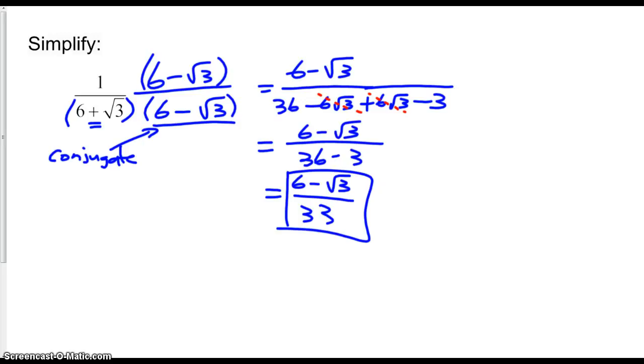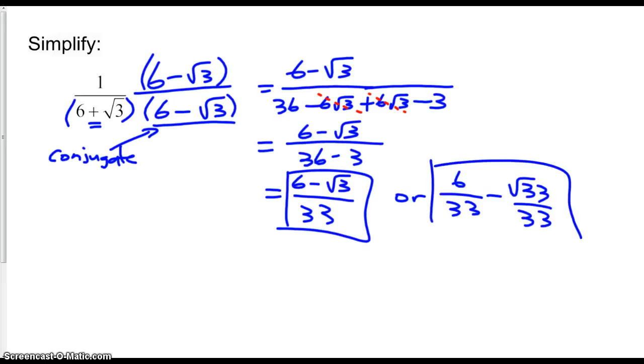And you might see it written that way, or potentially you could even see it written this way, right? Some people like to separate the square root from the non-square root. Both of those are valid ways to write that answer. But anyway, the procedure here is to multiply, not by the square root of 3, but by the conjugate of the entire denominator.